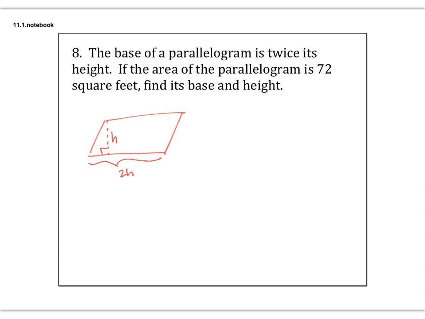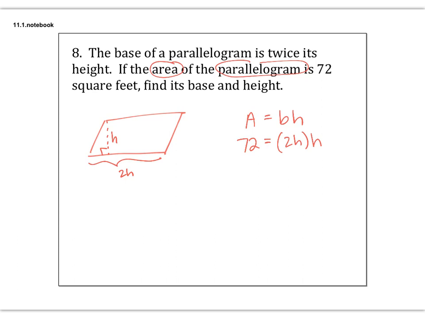So keywords, area, parallelogram. We have a formula for that. Area equals base times height. 72 is the area, so 72 goes in for the A. Do we know the base? Nope, but we're calling it 2h. And the height we don't know either, but we're calling it h.